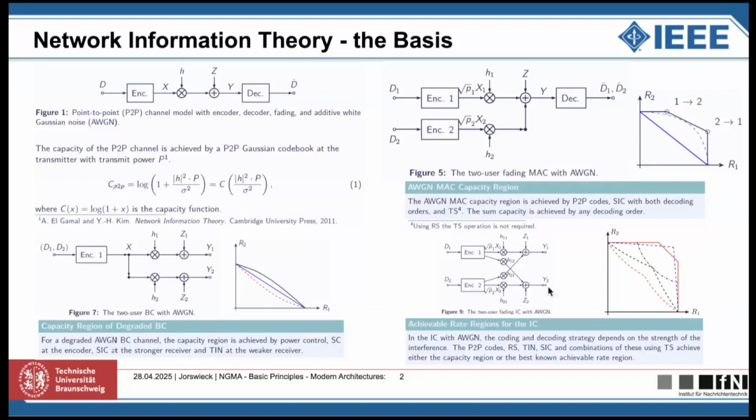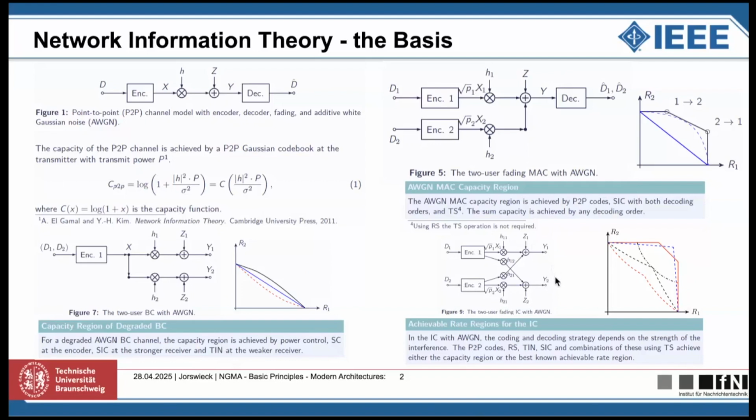Now on the right-hand side, we see the interference channel, and here the situation is different. We do not know the capacity region of this channel; for a very long time, this has been an open problem in network information theory.